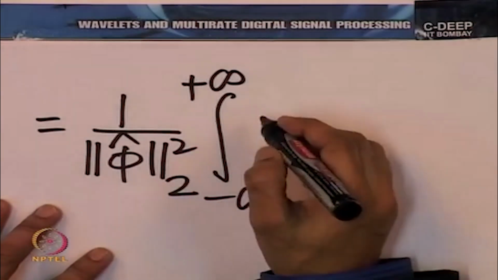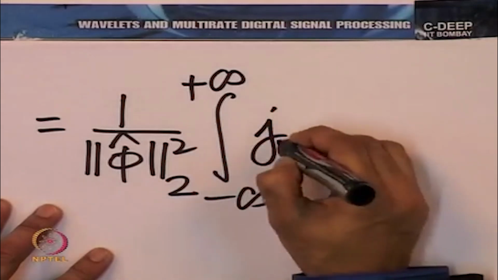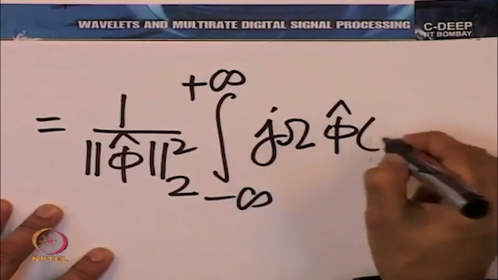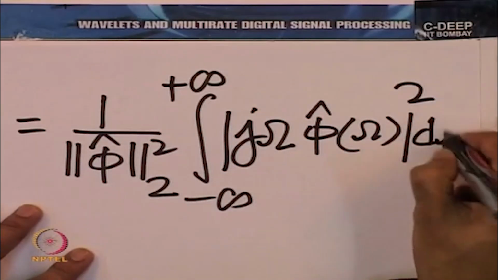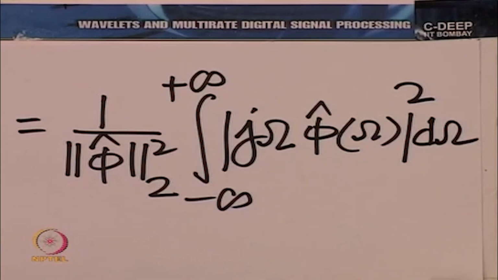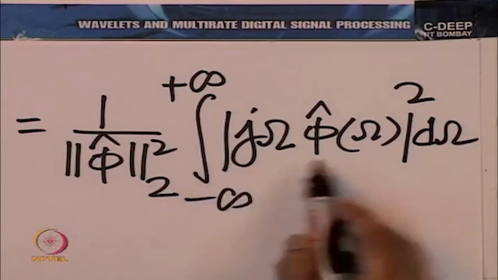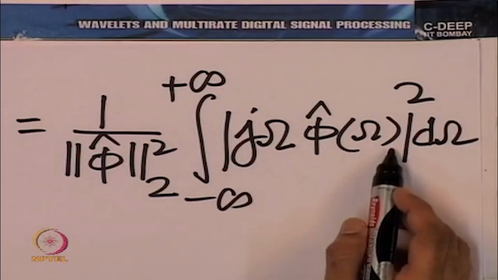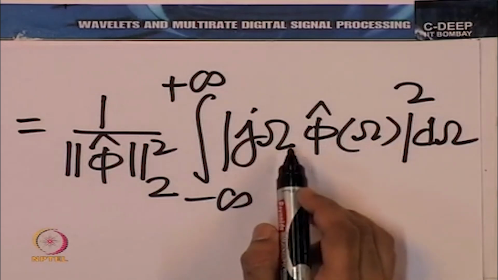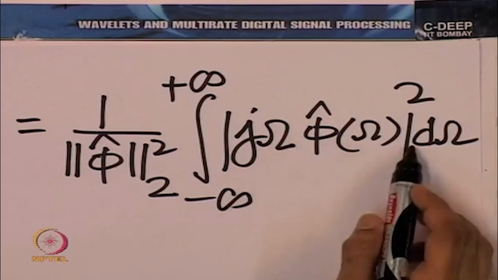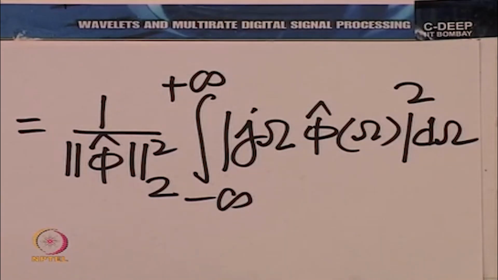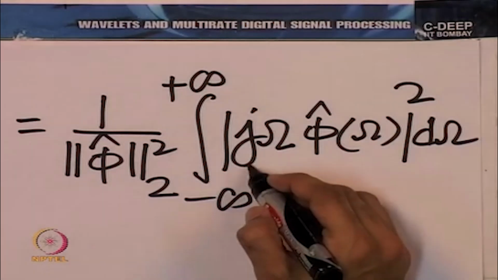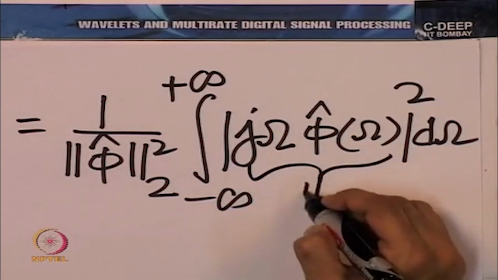I will write the integral as mod of j omega phi cap omega the whole squared d omega. Notice that if I take the modulus of j omega phi cap omega, it is essentially modulus omega squared times modulus phi cap omega squared, and modulus omega squared and omega squared are the same for omega real. But then when we write it like this, this has a meaning.